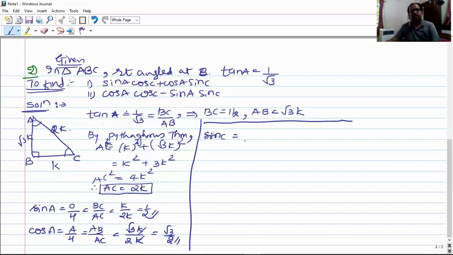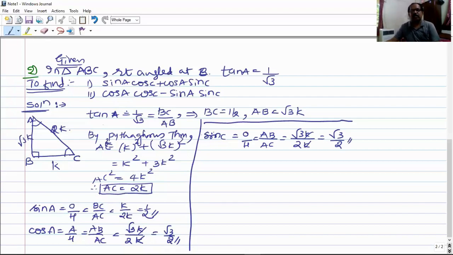It is again opposite by hypotenuse, but we need the side opposite to angle C, which is AB here. So I can write this as AB upon hypotenuse AC as usual. AB is root 3k, AC is 2k. So this k gets cancelled, and you are left with root 3 by 2.